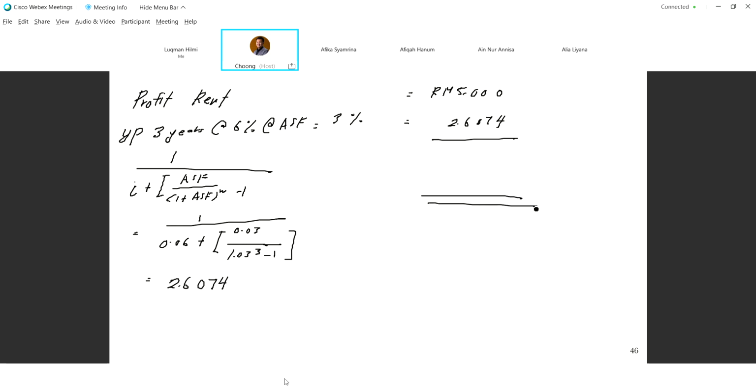You get about 13,037 more or less, 13,037 ringgit. So what does this mean?